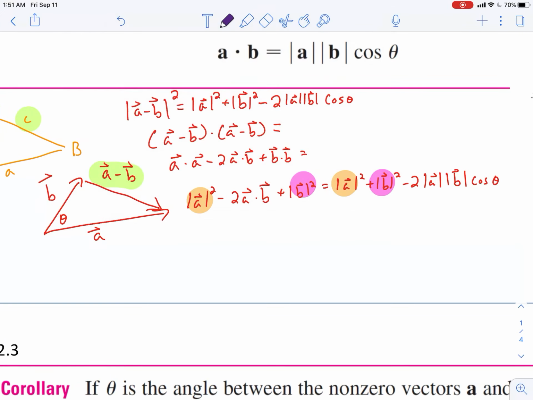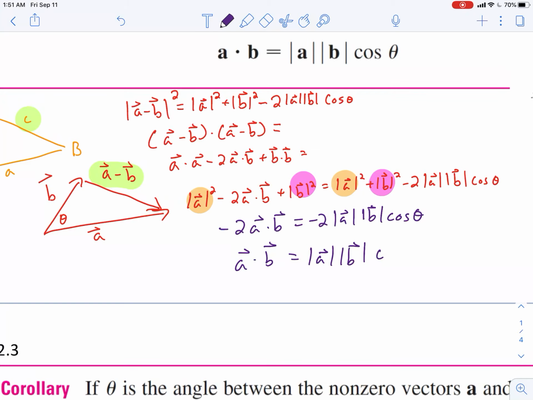So we'll have negative 2 a dot b is equal to negative 2 times the magnitude of a times the magnitude of b cosine theta. We're able to get rid of the negatives on both sides, and so now we have proven that the dot product of a and b is equal to the magnitude of a times the magnitude of b cosine theta.